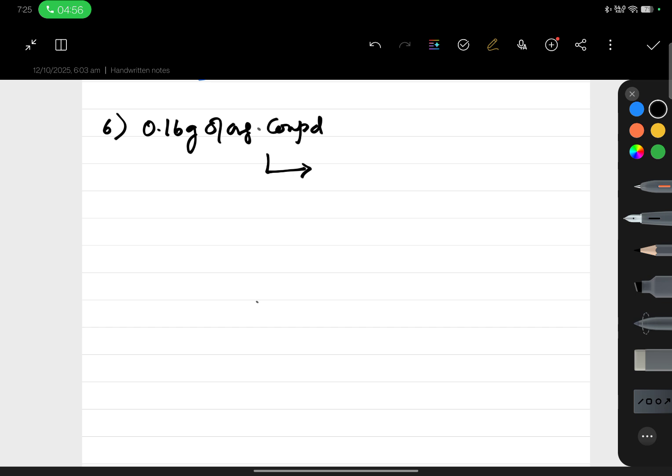H2SO4 acid, what acid is it? Sulfuric acid. While reading, practice reading it as sulfuric acid. Sulfuric acid formed was precipitated with barium chloride. The sulfuric acid reacts with barium chloride to form barium sulfate. The mass of barium sulfate obtained is 0.35 grams. So find the percentage of sulfur.